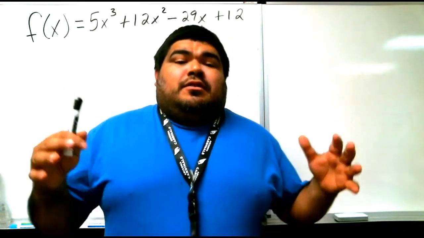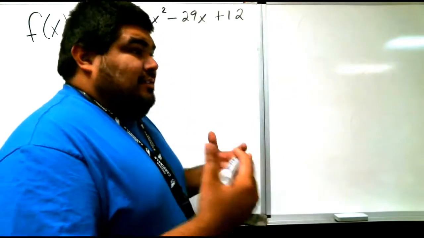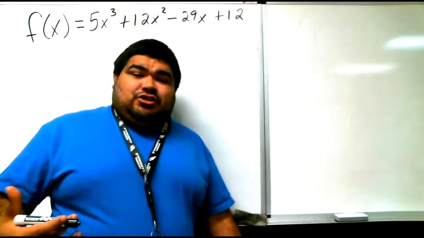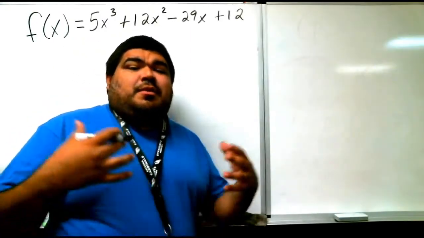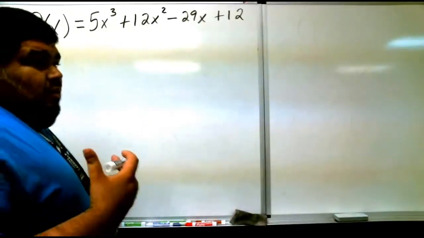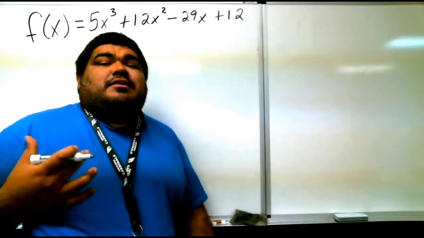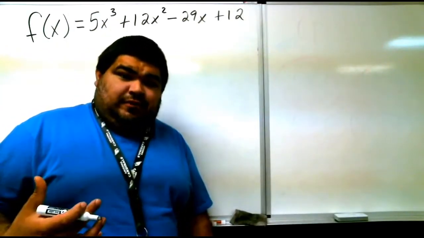Things that we've learned so far are we notice that when it comes to synthetic division on the polynomial, it usually tells you how many zeros you have, depending on your biggest coefficient.